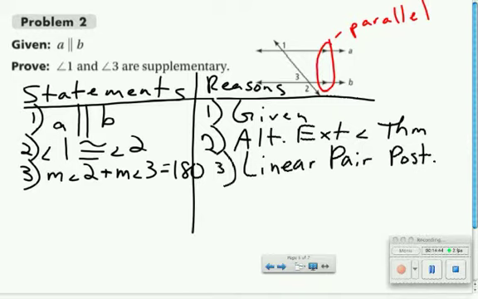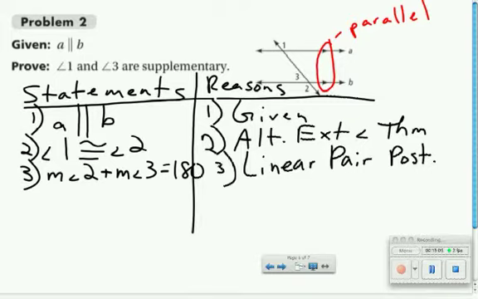However, if we want to be really, really strict about the substitution property, it means that I can take something that equals another thing and substitute it into an equation. I don't have that these two things are equal to each other yet. I have that they're congruent.